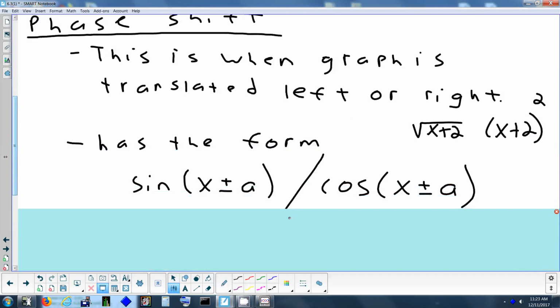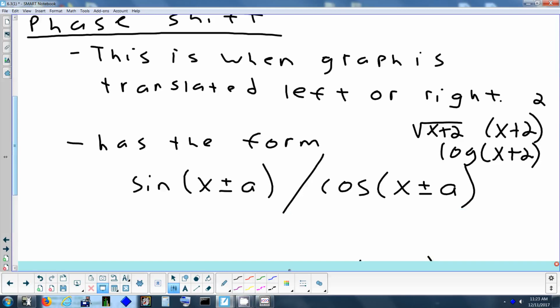There's a parabola, that's a phase shift. There's a log function, that's a phase shift. They're all shifting. Those are all phase shifts. They're all shifting which way, 2 units? Left. Yes, they're all shifting left 2 units. Well, now we're doing the same thing with sine and cosine.